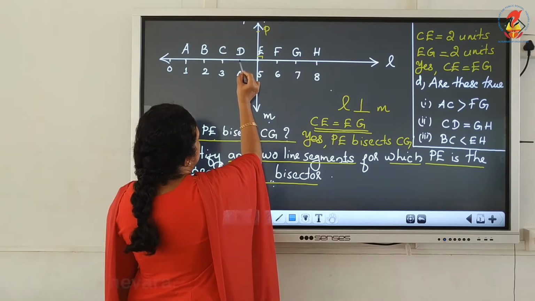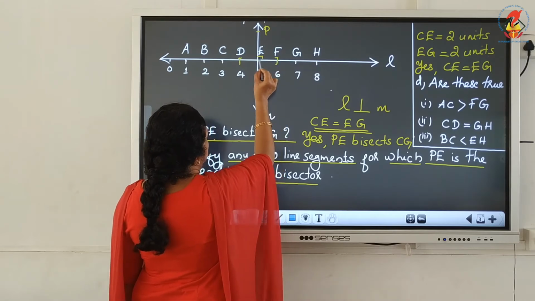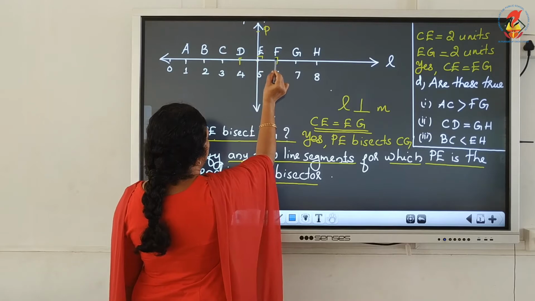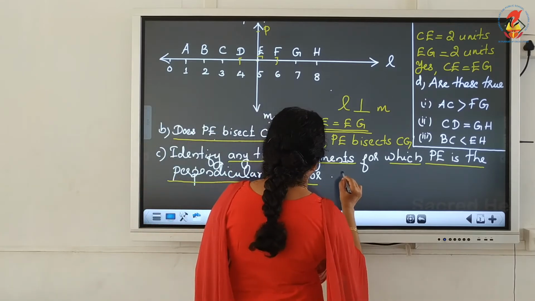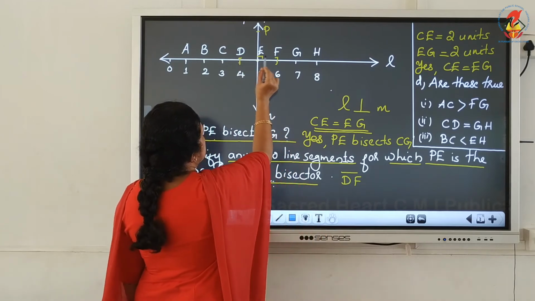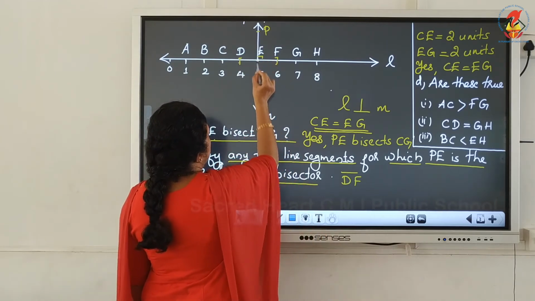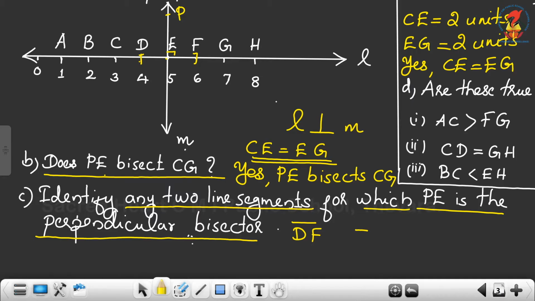Now, we can look into that. Look at line segment DF. If P is the perpendicular bisector, DE will be equal to EF. So, we can take one of the line segments as DF. If you consider line segment DF, PE bisects DF into two equal parts, and we can say that DE is equal to EF.